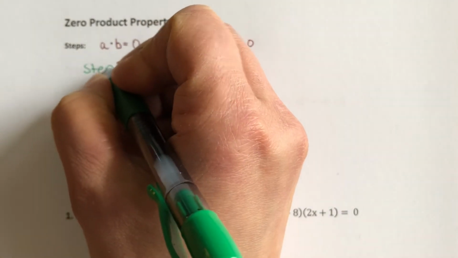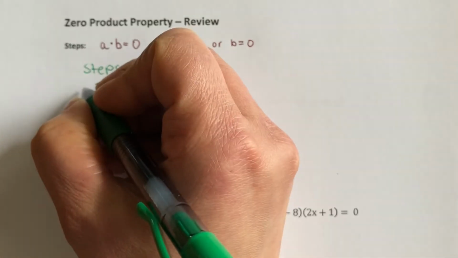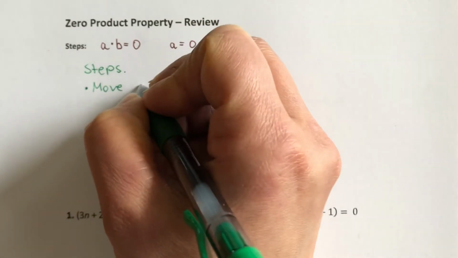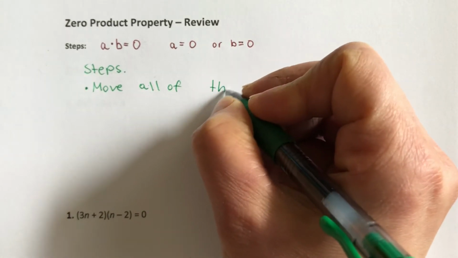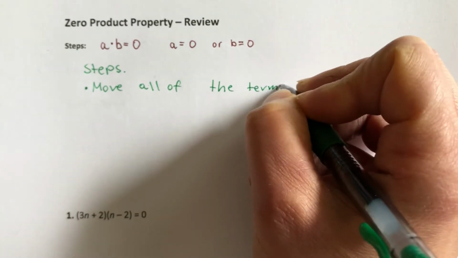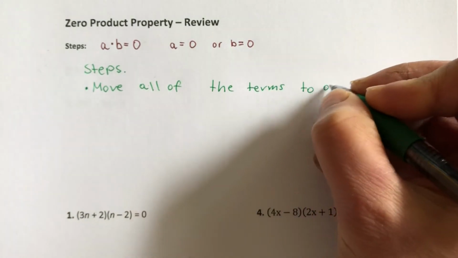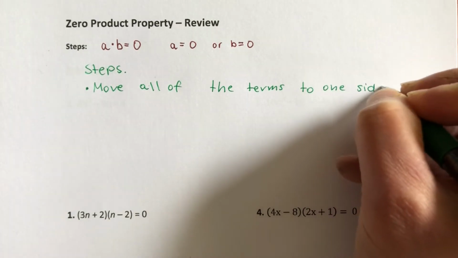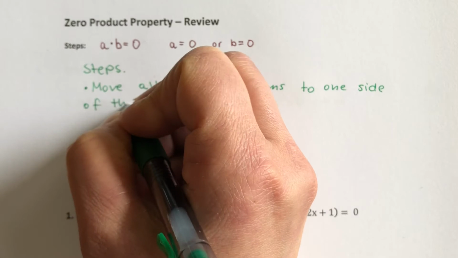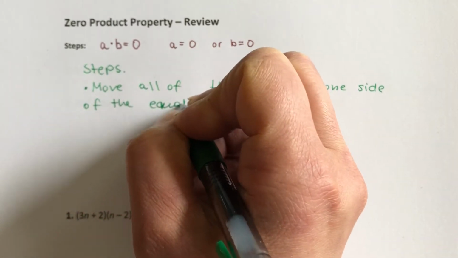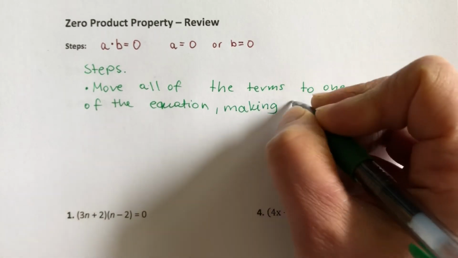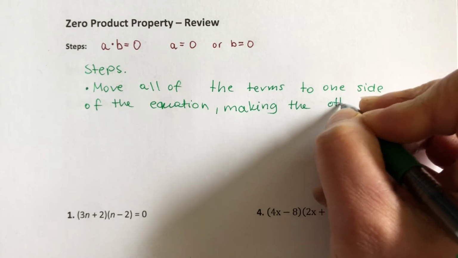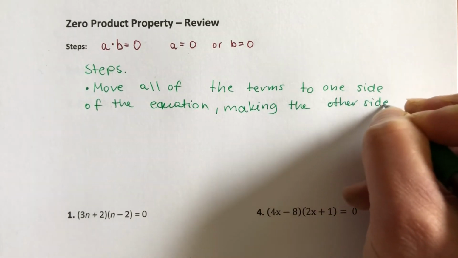So here are our steps. What we want to do is move all of the terms to one side of the equation, making the other side equal to 0.